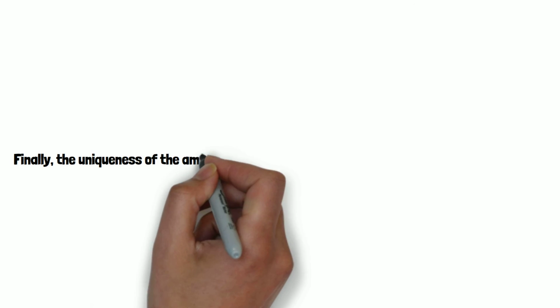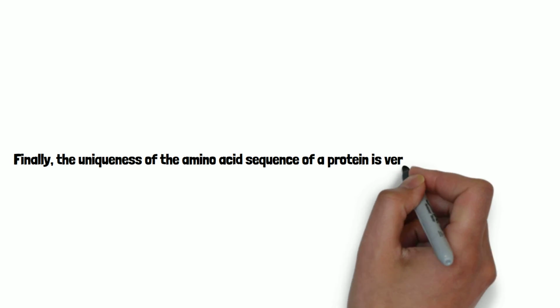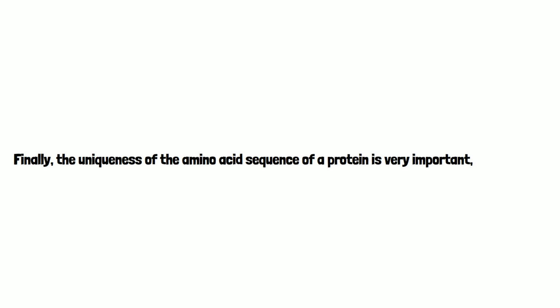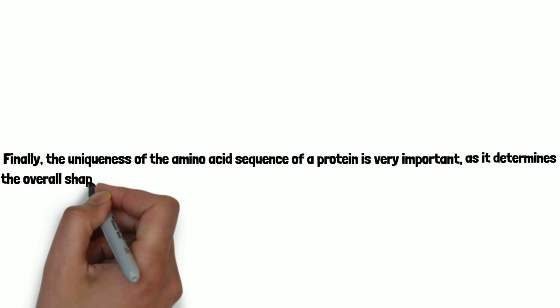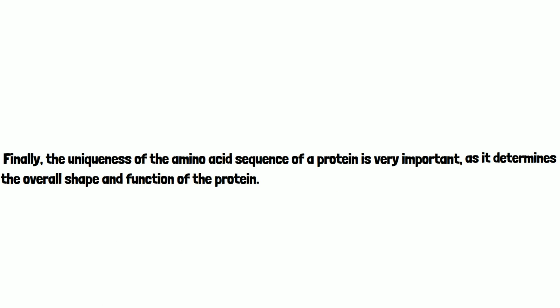Finally, the uniqueness of the amino acid sequence of a protein is very important as it determines the overall shape and function of the protein. Let me give you an example of how important the uniqueness of the amino acid sequence of a protein is.